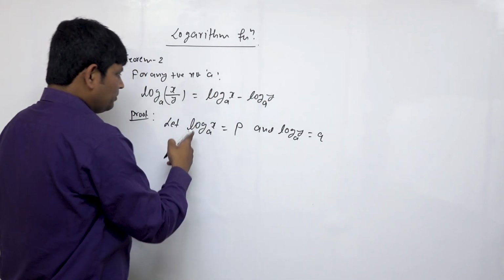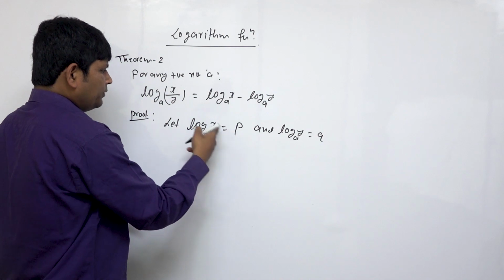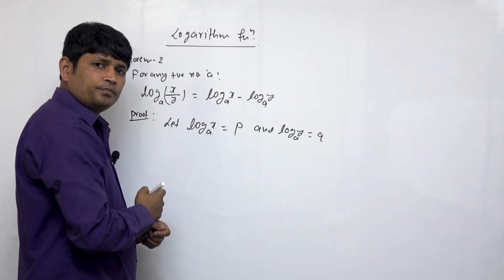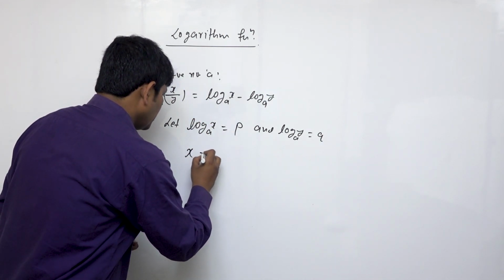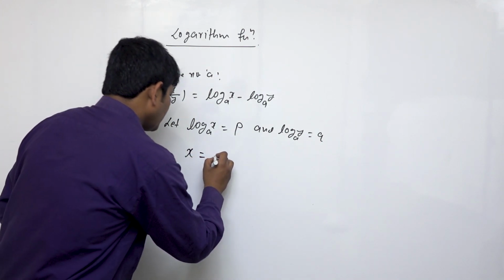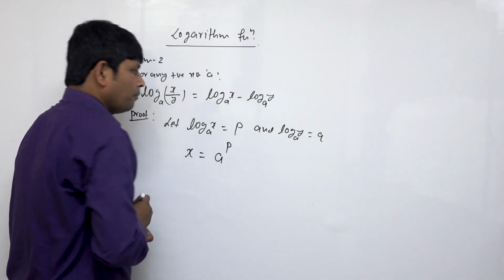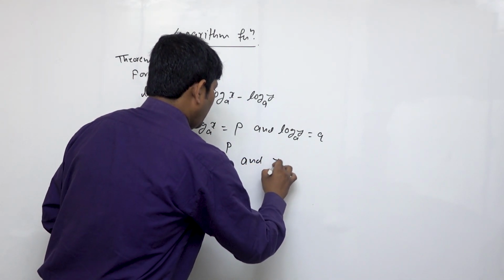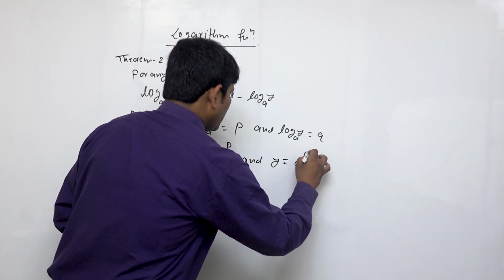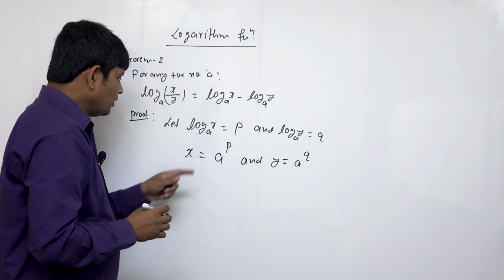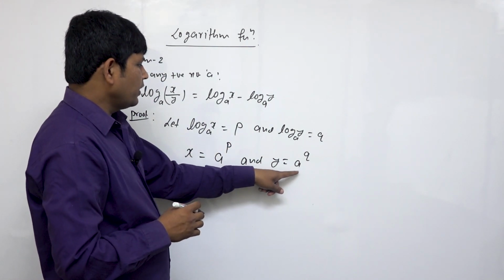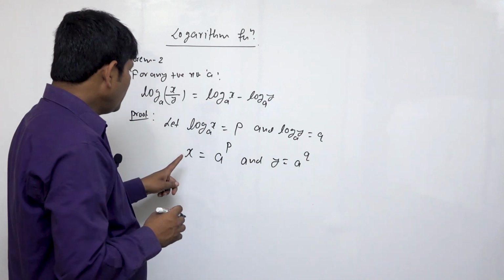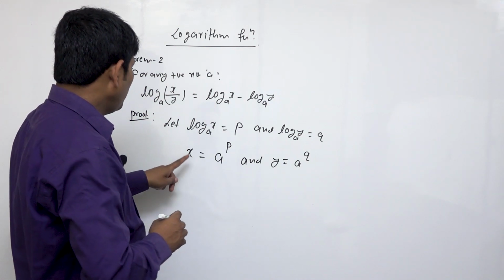As we did before, log of x to the base a is equal to p, so how to write the value of x here? x is equal to a to the power p and y is equal to a to the power q. Now what to do? We have to divide.